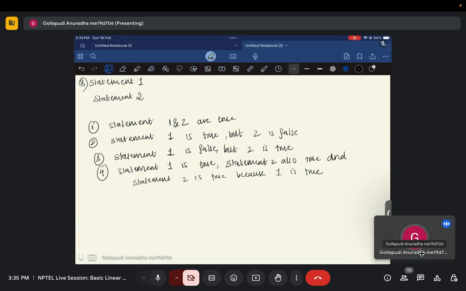Okay, so the statements now are. Statement 1: matrix multiplication AB is equal to BA. And statement 2: determinant of AB is equal to determinant of BA is equal to determinant of A times determinant of B. So answer this question.